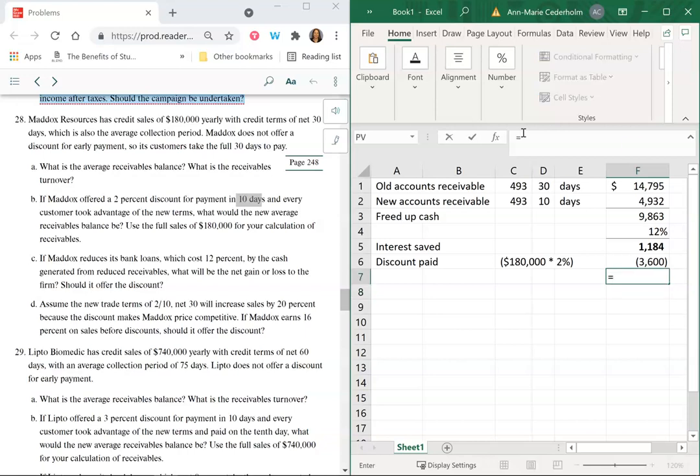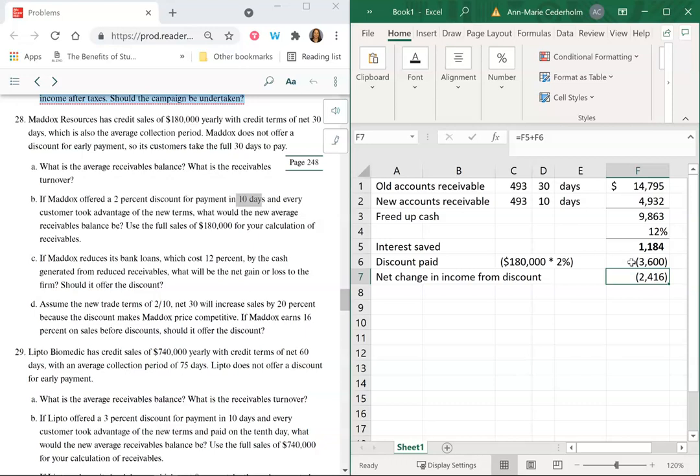So now when I add the 1,184 and subtract the 3,600, I end up with a negative 2,416. And this is your net change in income from the discount. So this is the opportunity cost. In all of these types of questions, there's always an opportunity cost of doing or not doing something.